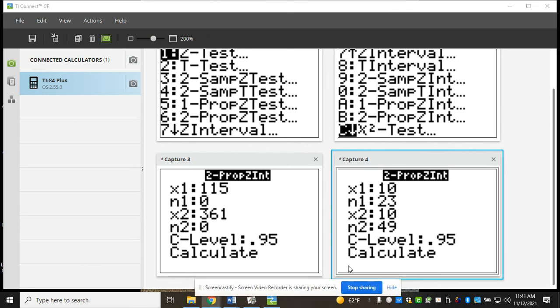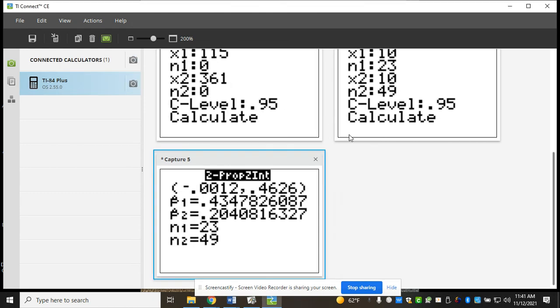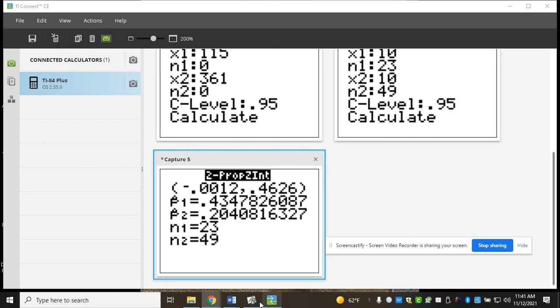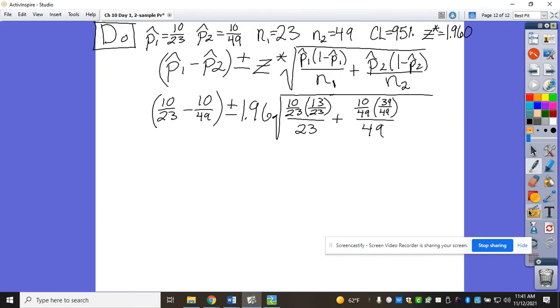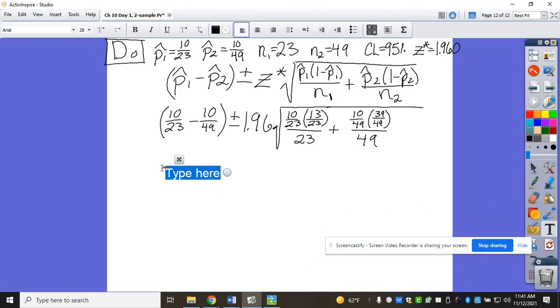And when I hit calculate, it is going to give me this. So it gives me my rounded estimate for p hat 1, gives me my rounded estimate for p hat 2. So if I wanted to write it that way instead of a fraction. And it also gives me my lower bound and my upper bound. So this gives me negative 0.0012.